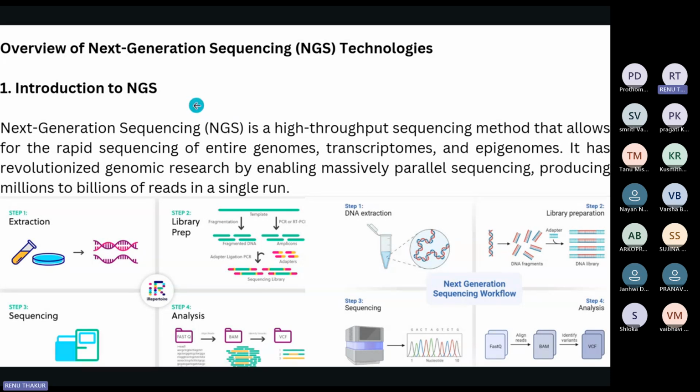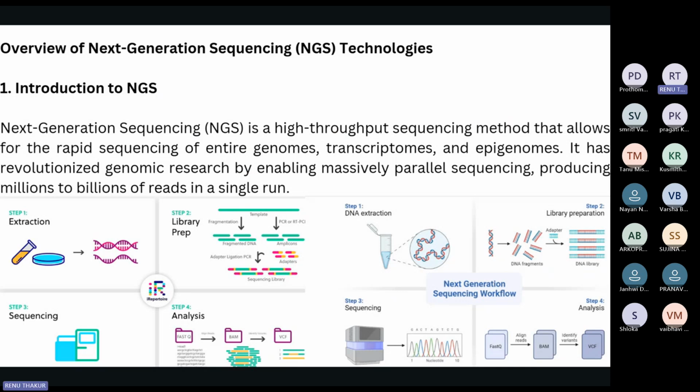Okay, so next we look at an overview of next generation sequencing technologies. Since this is the most commonly used and the most high throughput method currently, we look at this in detail. Next generation sequencing is a high throughput sequencing method that allows for the rapid sequencing of entire genomes or transcriptomes or epigenomes.